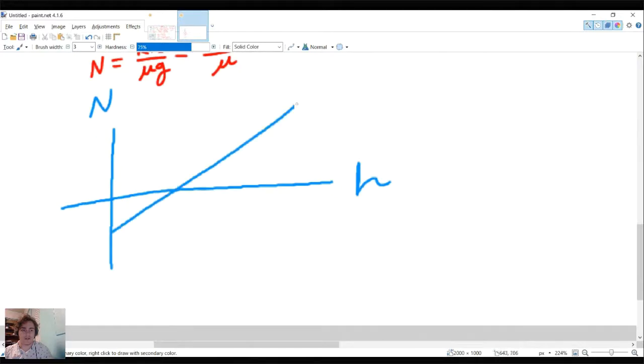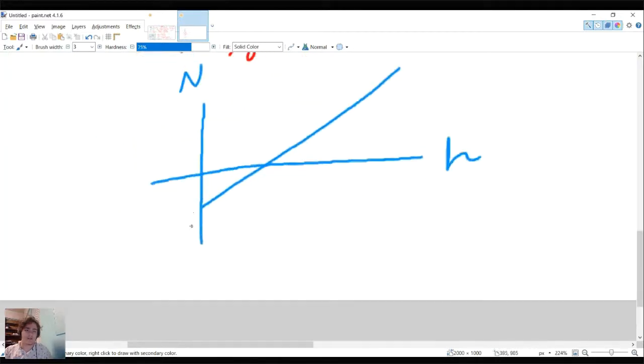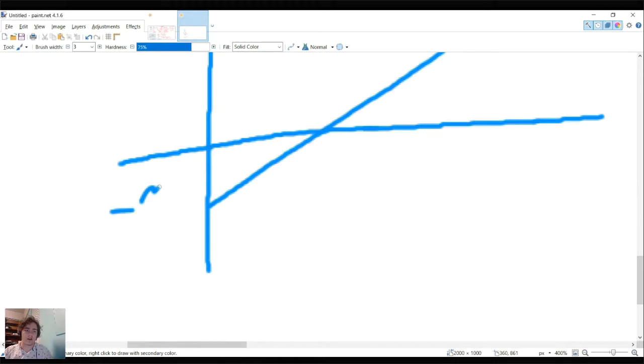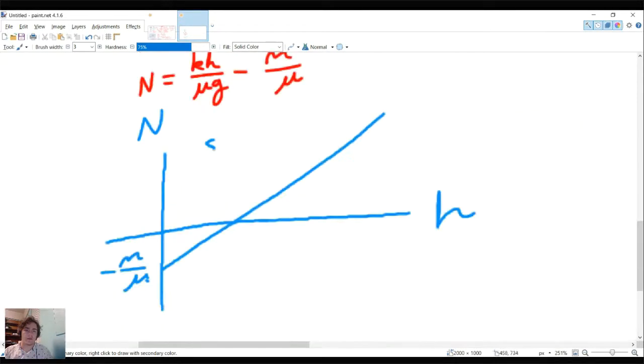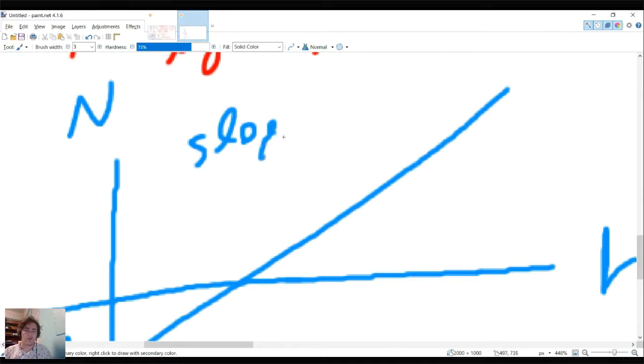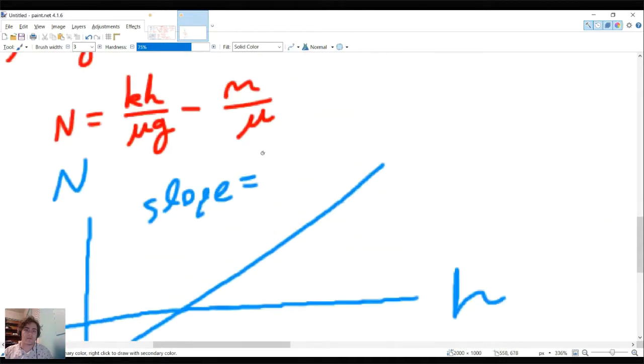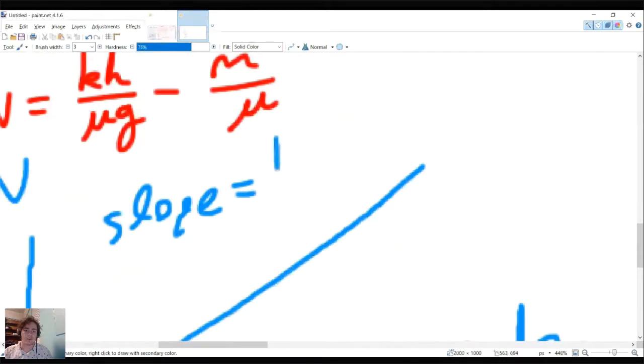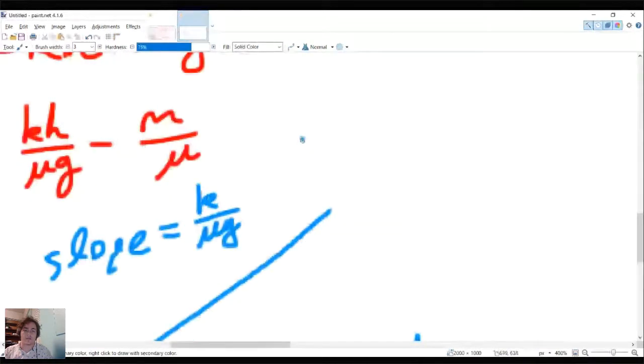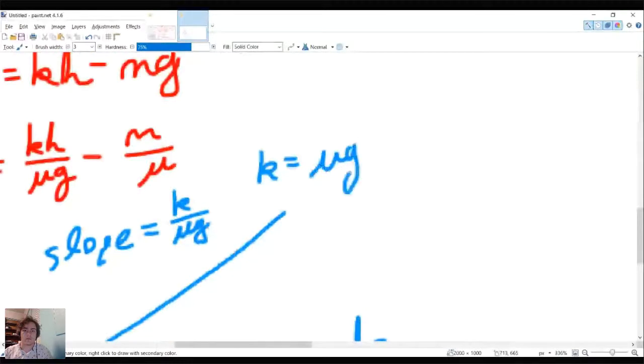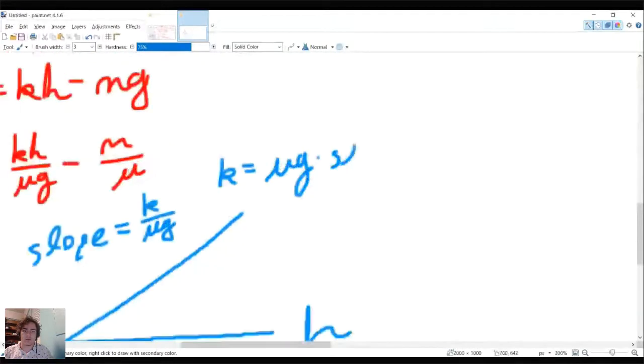You get a graph that looks like this. Again, the same graph. You'd have this vertical intercept right here, negative m over mu. And then you'd have a slope of k over mu g. So in this case, k would equal mu g times the slope.